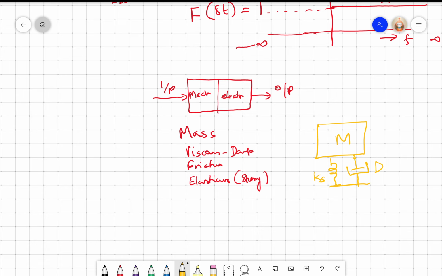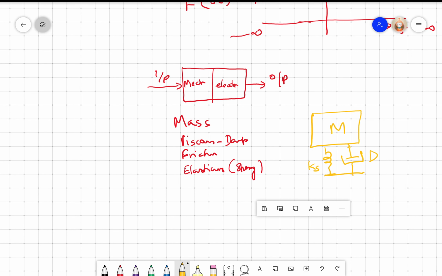So now I apply a force, this can be a force or anything like that. Then if I say this is my reference signal, the mass would move by x, right? The mass would move by x, right?